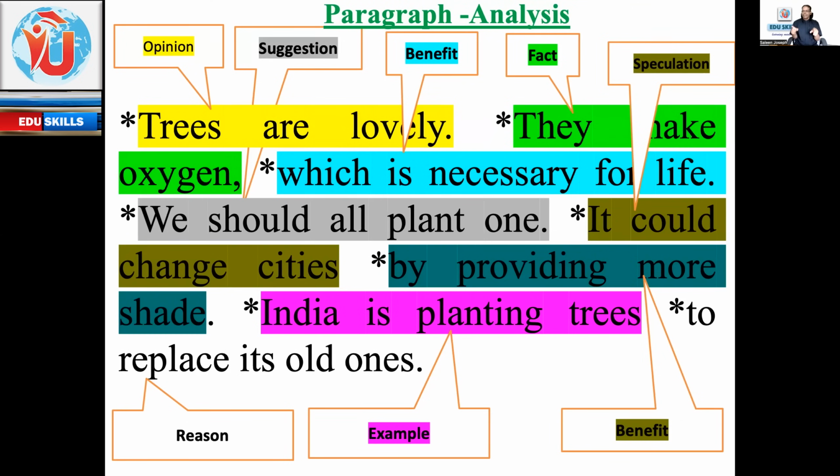Why am I telling you this? If you can understand from the hedging word or from the keywords of the answer option whether they are asking for an opinion or a suggestion or a benefit or a fact or a speculation or a reason or a solution or an advantage or an example, then immediately you can dive into that particular portion of the text and answer the questions.